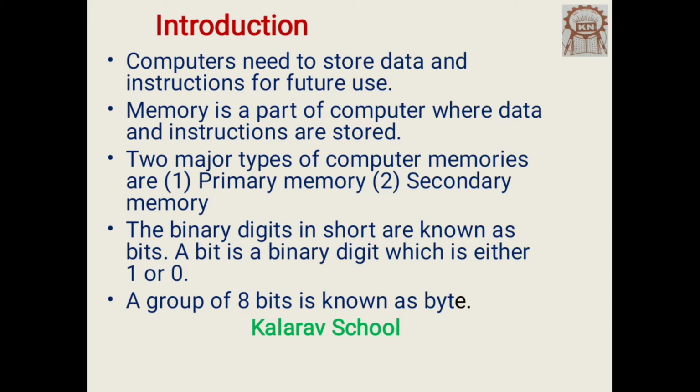The binary digits in short are known as bits. A bit is a binary digit which is either 1 or 0. A group of 8 bits is known as byte.